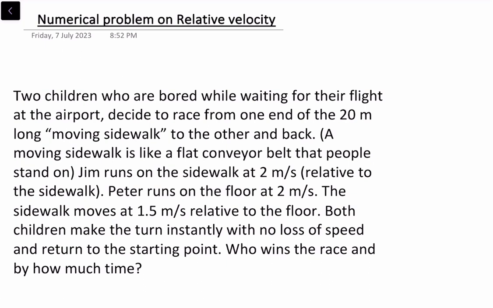And the other boy, Peter, runs on the floor at 2 meters per second. The sidewalk moves at 1.5 meters per second relative to the floor. Now, these children go from one side to the other side of the sidewalk and come back. Now, what do we have to do? Who wins the race? This is a race. Okay, so let's start.